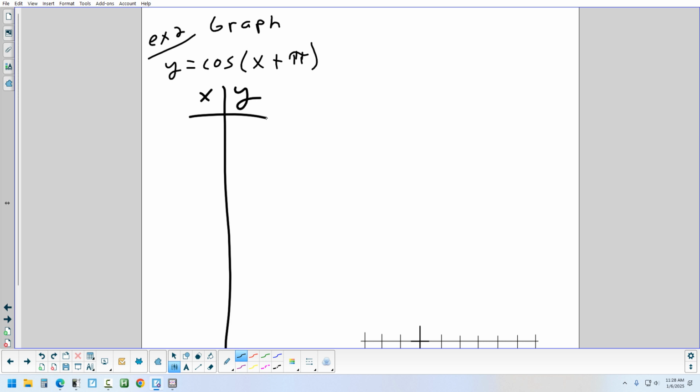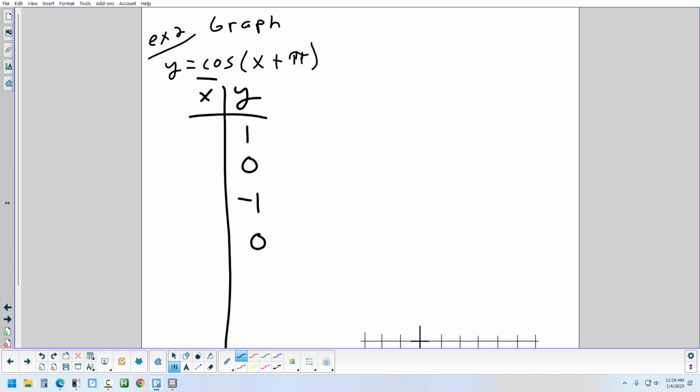It's a phase shift. So we know that which column is going to stay the same? The y's. What are my y values for cosine? Here's where if we get the wrong table, we're going to get half the table wrong. 1, 0, negative 1, 0, 1.